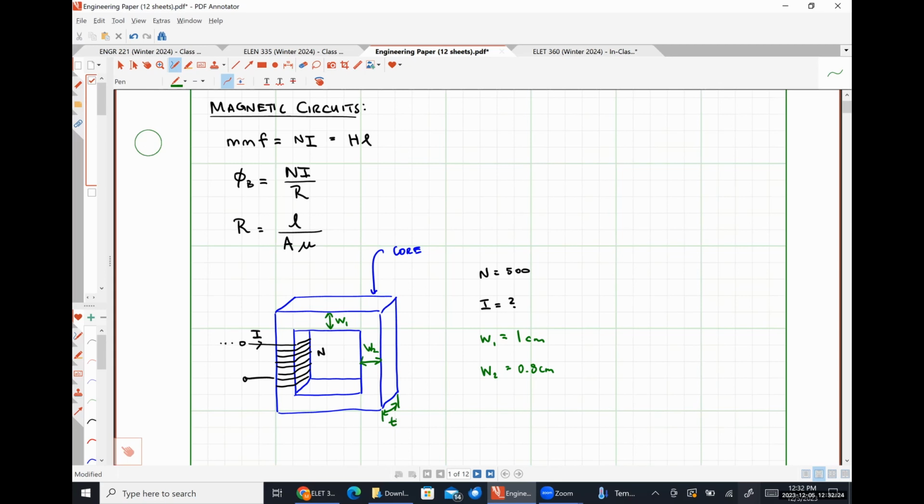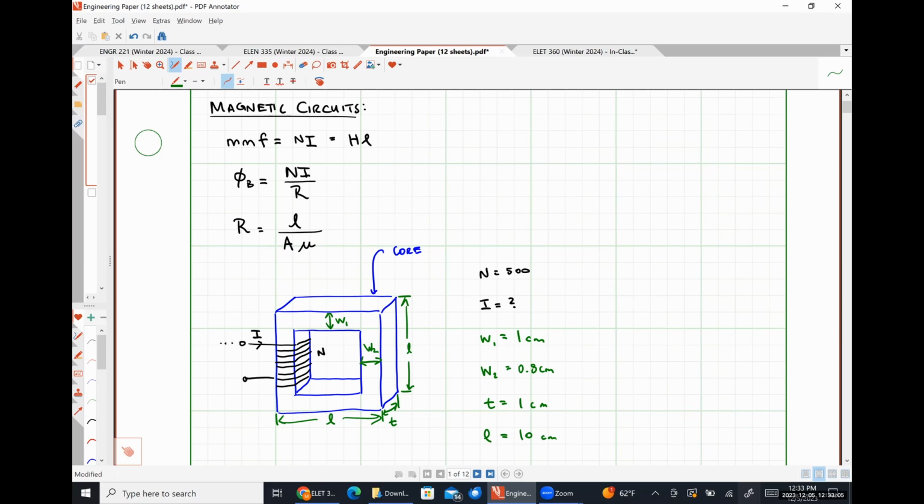And let's call this dimension our thickness, t, where t is equal to 1 centimeter. And then this distance from here to here will be L. And this distance from here to here will be the same, and it's also L. And let's say that L is equal to 10 centimeters.